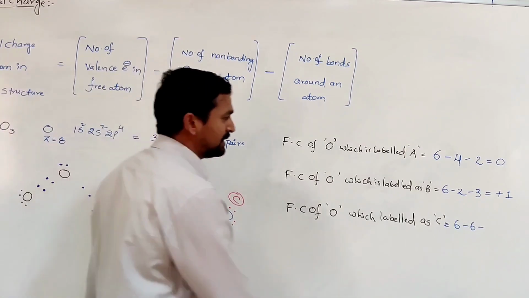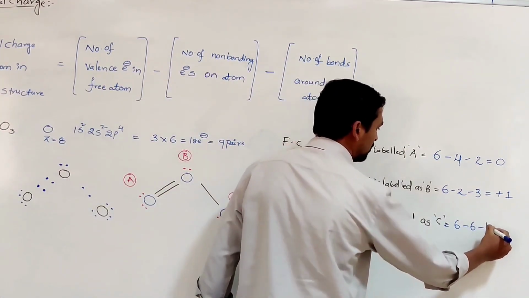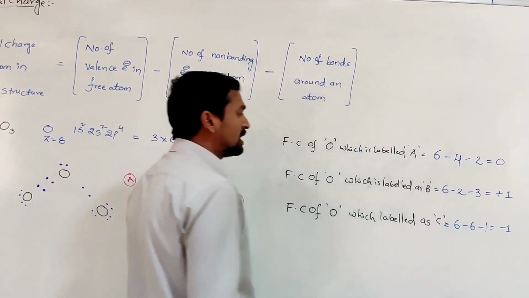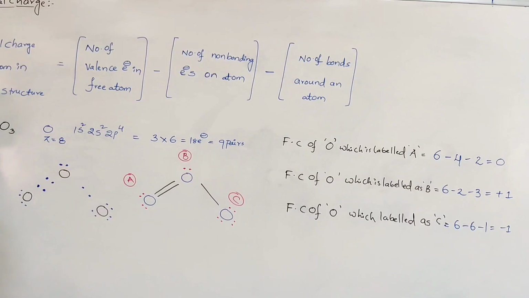Only 1. 6 minus 6 is 0, 0 minus 1, you get minus 1. So the formal charge on the oxygen atom labeled as C is minus 1.